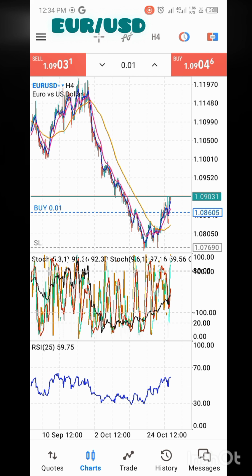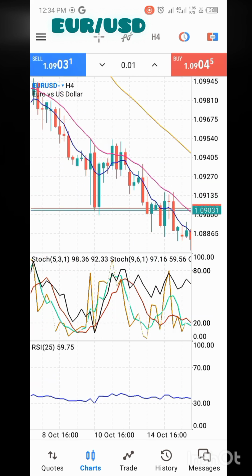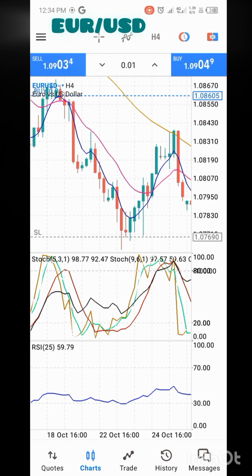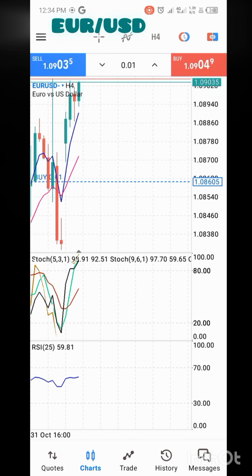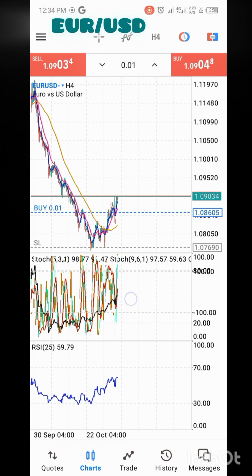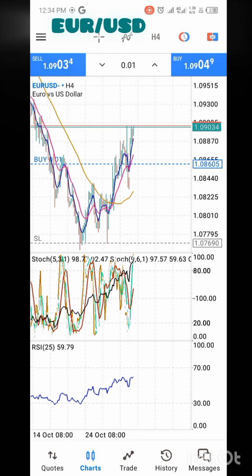I saw my moving averages for exit and for trend, which is this blue and pink I set here, indicated that the trend that has been going on was about to end, and this was it. Can you see this place? This was it. It's about to come to an end, and it's going for a new buy trend.